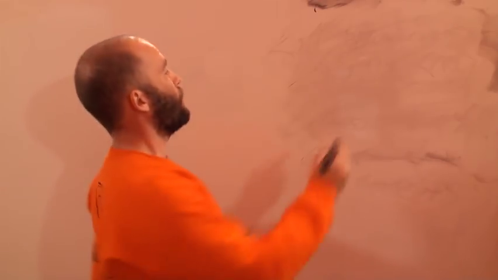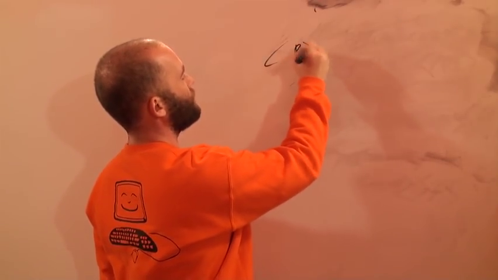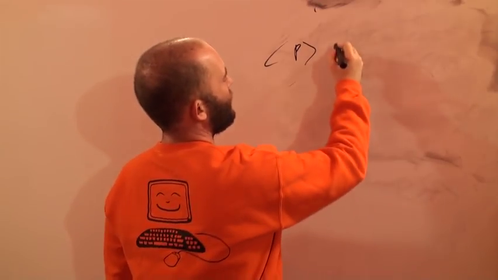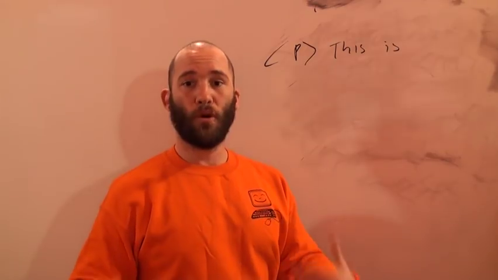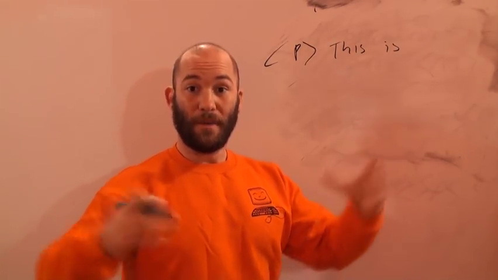You know how sometimes you want to bold words in a paragraph? Maybe you're talking about the title of a book, or a certain type of product, and you want that word to be bold. What you use is something called the strong tag. So if we open a normal paragraph and we go, this is, and let's say we want the word cool to be bold.